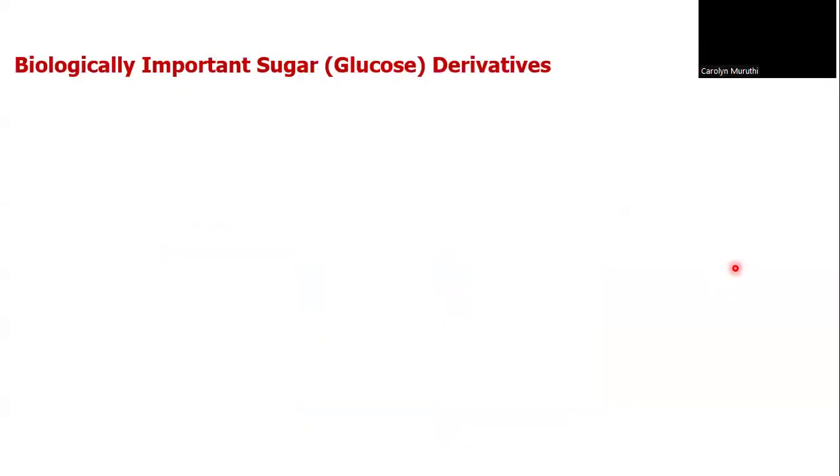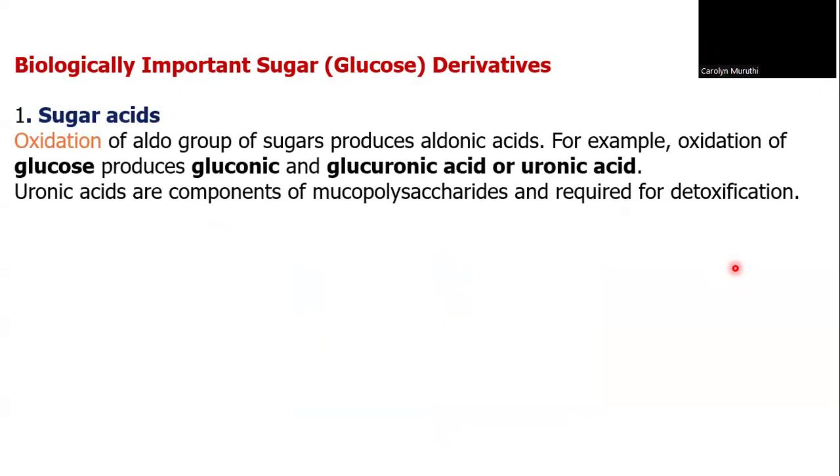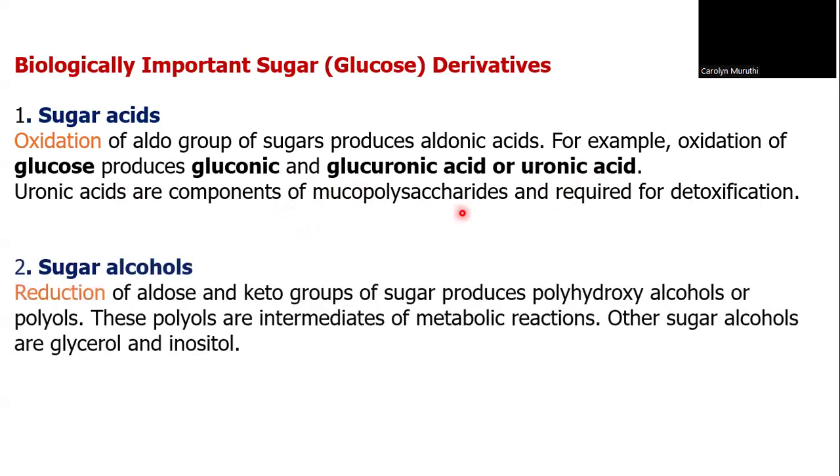So let's also look at some of the biologically important sugars, which are glucose derivatives. Upon oxidation, they lead to formation of aldonic acids, and oxidation of glucose in this aspect results in the formation of gluconic and uronic acids, which we find are components of mucopolysaccharides, and it's also required for detoxification.